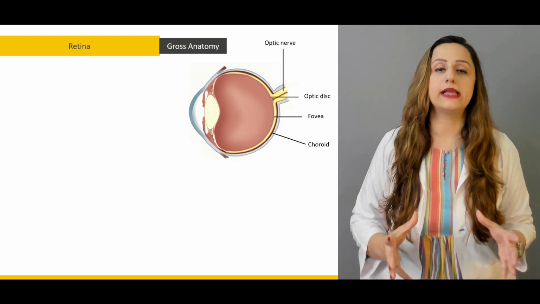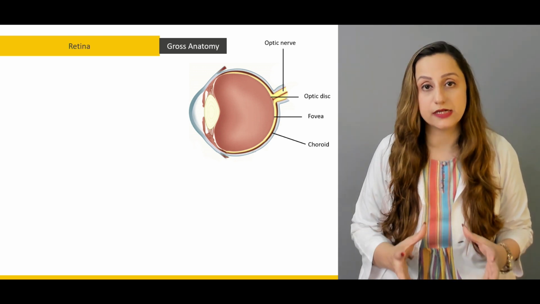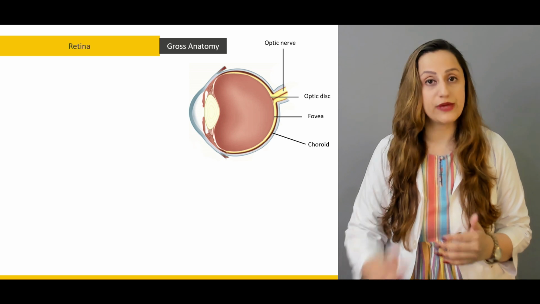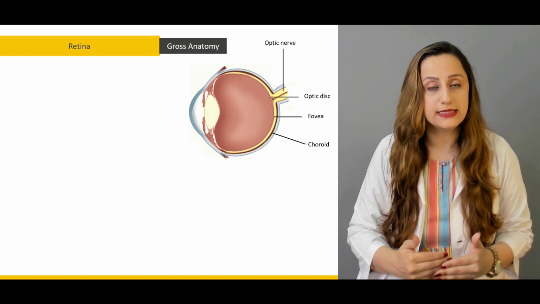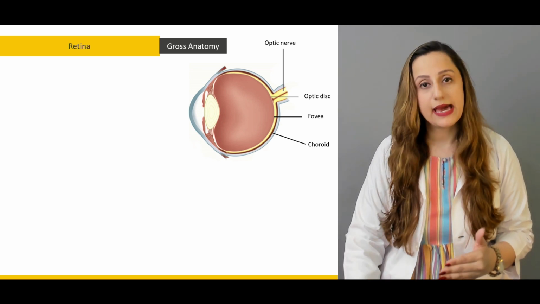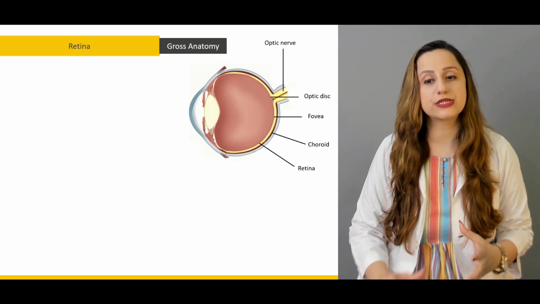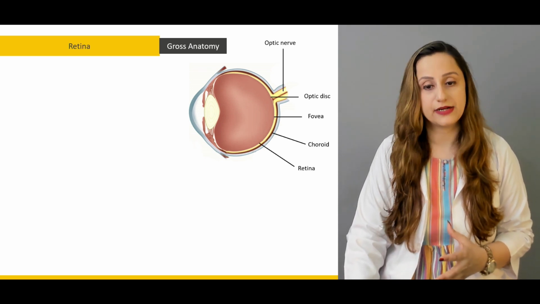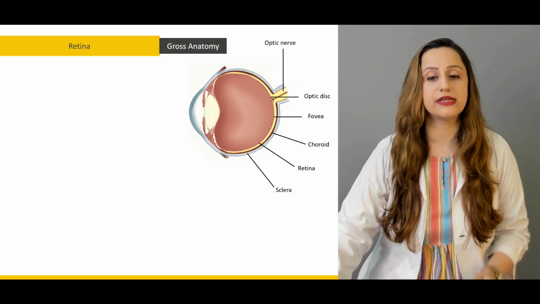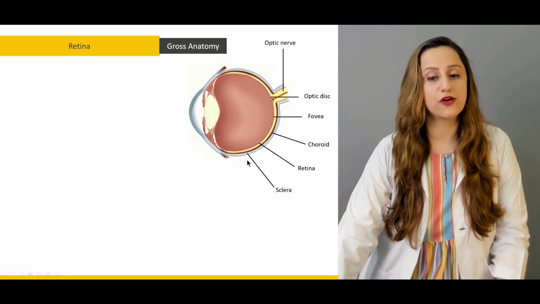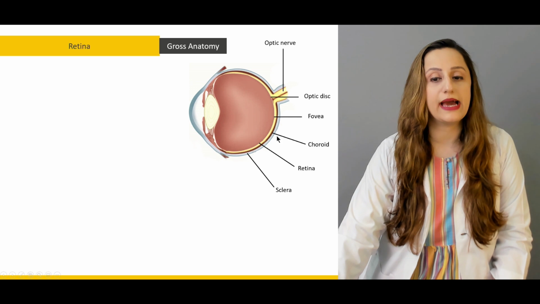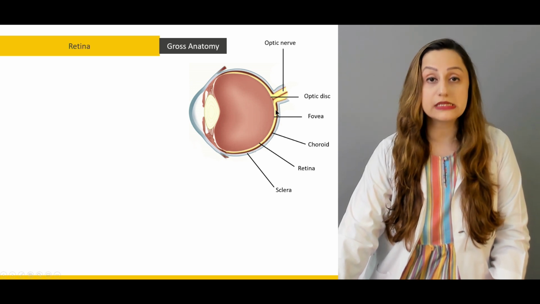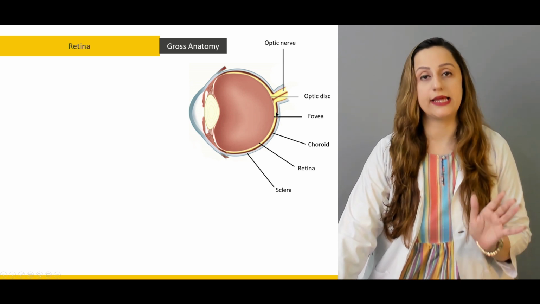Basically, the eyeball has three protective layers. We have the retina on the innermost side, then we have the choroid, and then finally on the outermost side, we have the sclera. As you can see over here, the outermost covering of the eyeball is the sclera, then we have the choroid, and then the retina is the innermost layer.